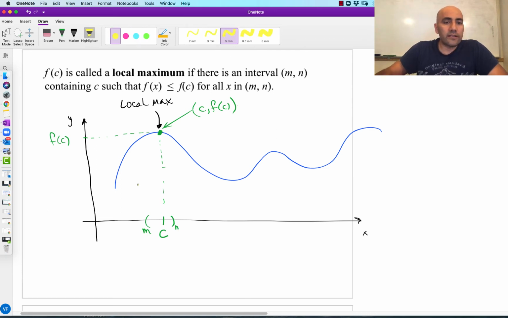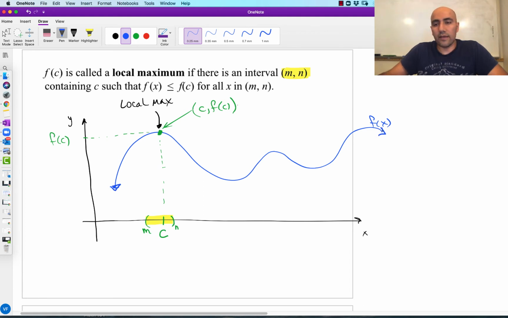Let's highlight that interval. The interval from m to n is a subset of the domain of our function f of x. The way I've drawn it, maybe this goes on that way, this goes on that way, so maybe the domain of f of x is all real numbers. But we're just going to think about this nice little subset from m to n.